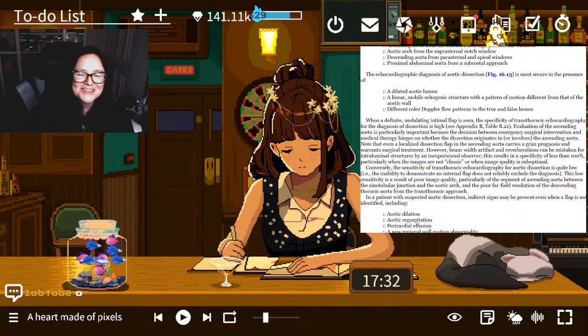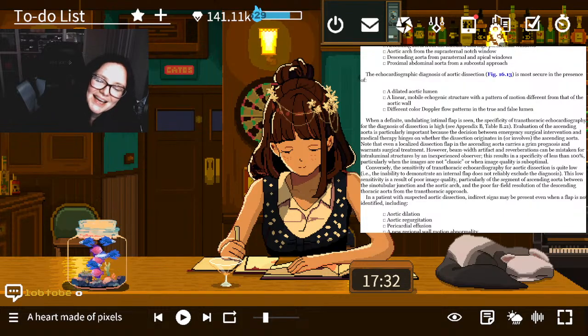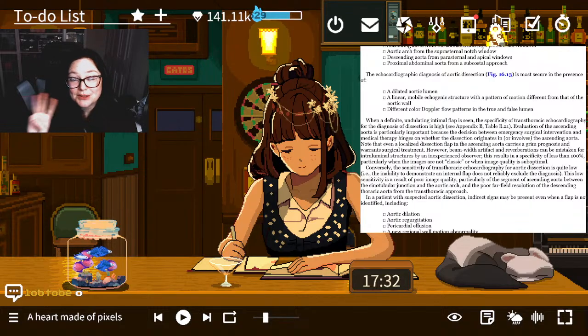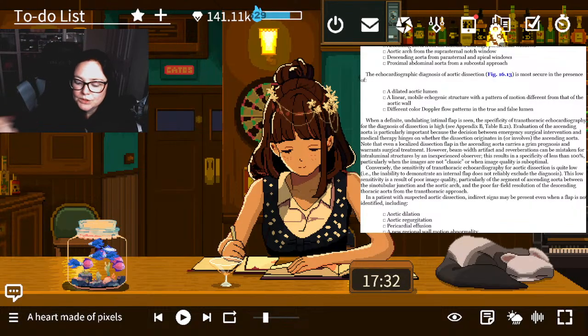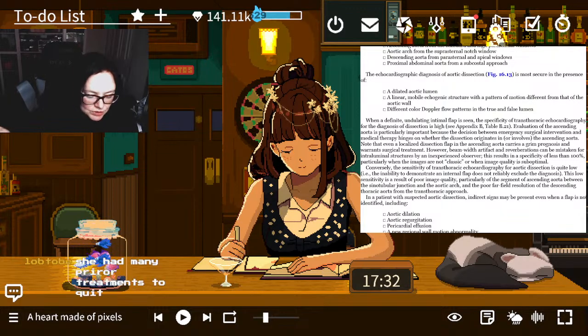Oh, acute type A aortic dissection. I read that and completely forgot that I had read it. Okay, well there's types. There's A, B, and then there's types 1, 2, and 3. And 1, 2, and 3 is 1A, and then 2 and 3 are type B, I believe.